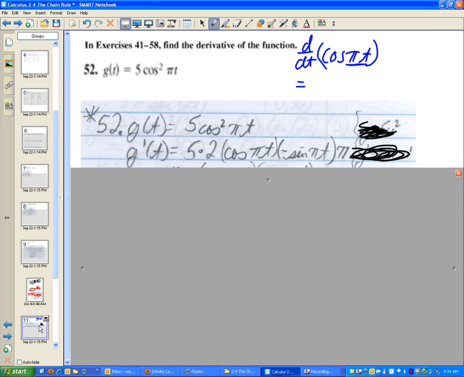All right, let me phrase it this way. If the pi was not there and it was just the cosine of t, the derivative would be negative sine of t. But since it's not just t, it's something else, that something else has to be the u. That has to be the other function that makes it a composite.